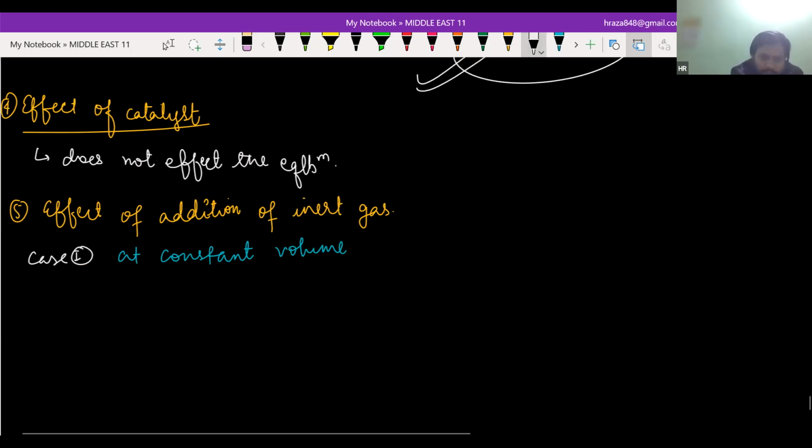So I'm going to write it here: does not affect the equilibrium. Okay.